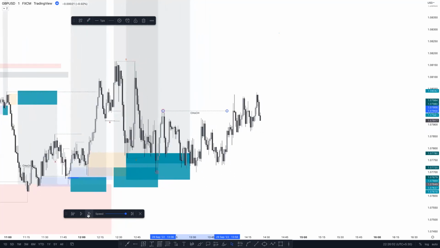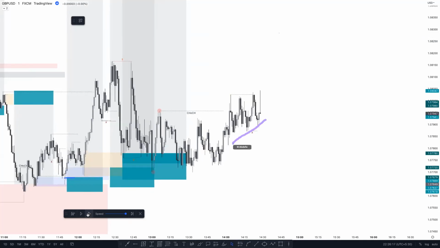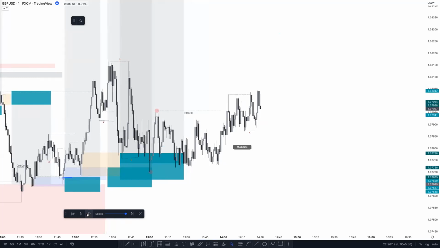Let's see. I think the high shifted here to here. So now our inducement is here. Okay, exactly. Let's see. Now again inducement shifts here because market broke this high.